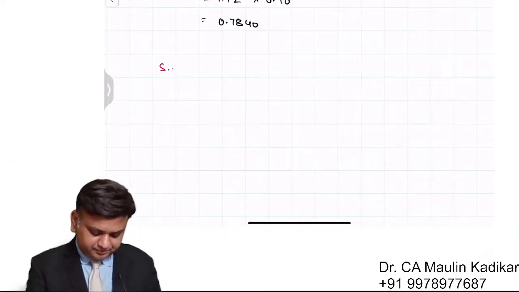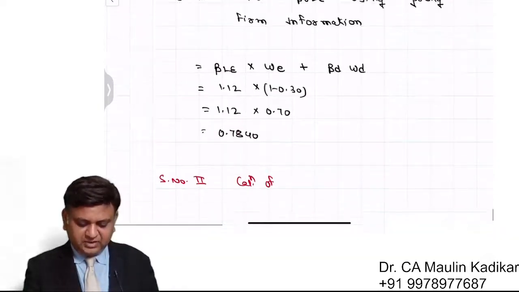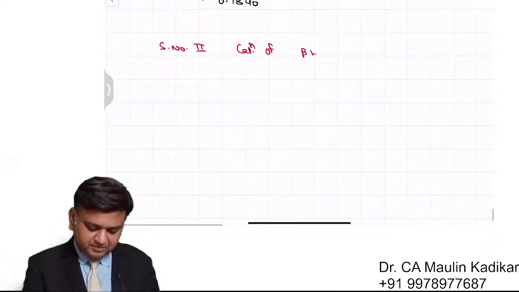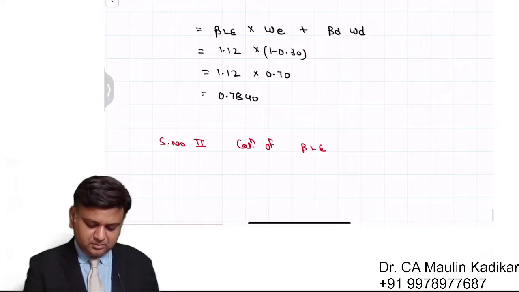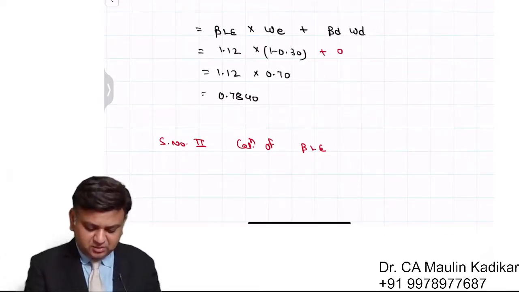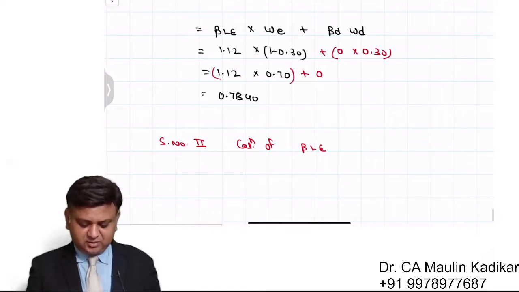Step number 2, calculation of beta of levered equity. Just a minute. Beta of debt is 0, its weight is 0.3, because in absence of information, its beta is taken as 0.